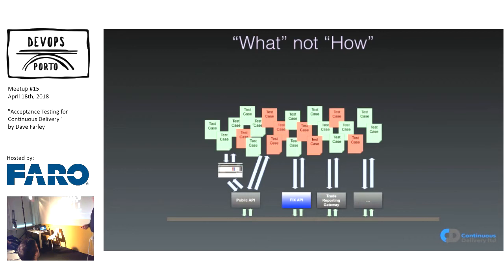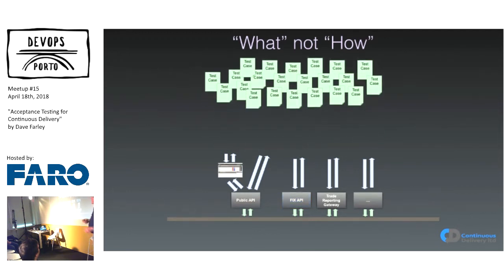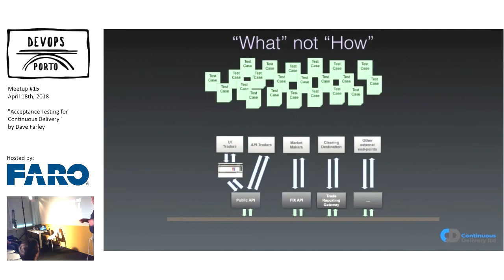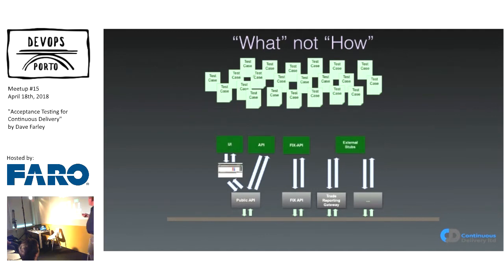But we know how to fix those sorts of problems in software design. So we can raise the level of abstraction of our test cases, and we can add a level of indirection in between our test cases and the system under test. So we're going to have some code that represents those channels of communication with the system. Within our test infrastructure, we've got a thing that represents the FIX API.